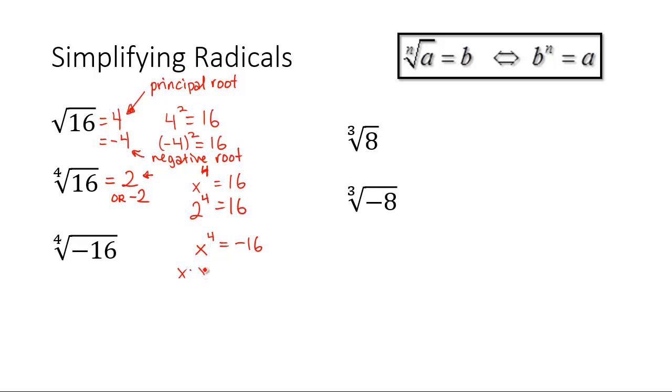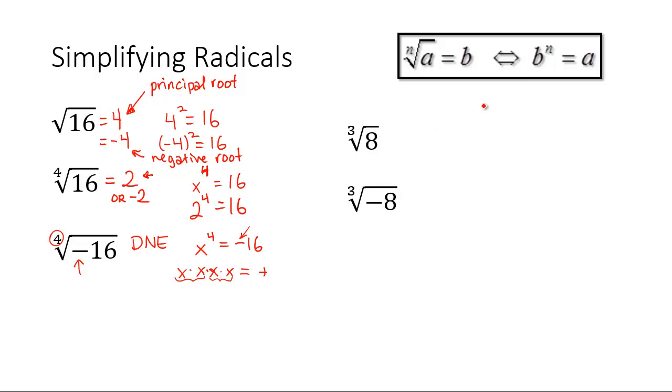If you write that out, there are 4 x's being multiplied by each other. If they're all positive, it'll result in a positive. If they're all negative, each 2 will become a positive, and so the answer is always going to be positive. And it's impossible to get a negative, so this actually does not exist. So you can write DNE for does not exist.